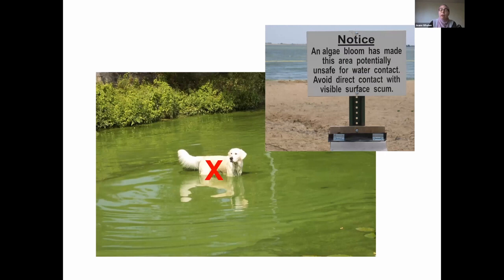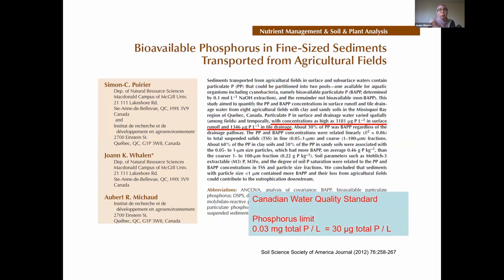We unfortunately encountered a few dogs that had suffered a neurological damage from going into waters in which they had been exposed to these types of algal blooms. And so we should be quite cautious indeed. And we know from our own work in agricultural systems that the concentrations of phosphorus that can be leaving the field in surface runoff and in tile drainage could be, for the surface runoff, as high as about 3,181 micrograms of phosphorus per liter.